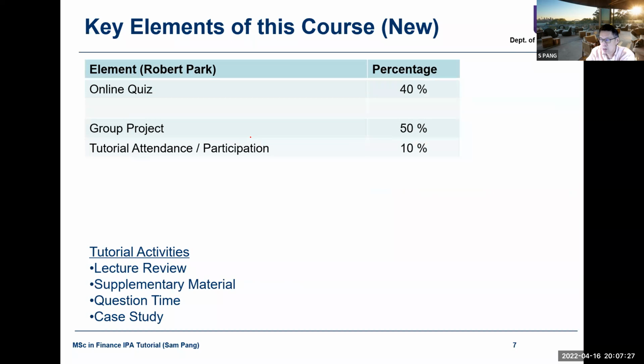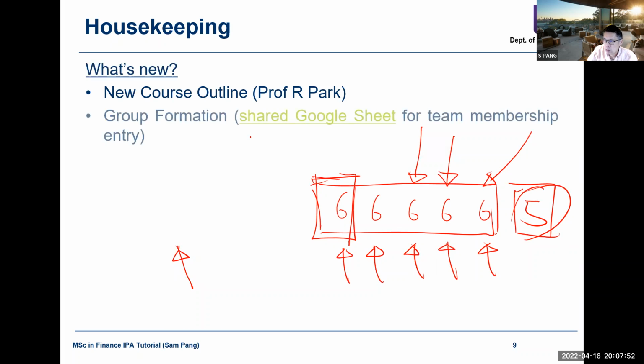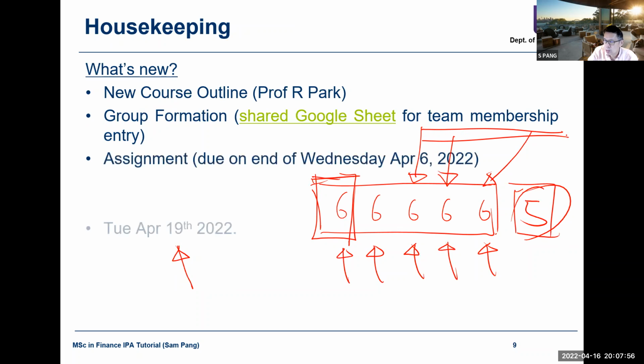For him, there are online quizzes every week, which will be done, I think, during the lecture, and then there's participation, and you can earn some good marks on that too. Just speak up, ask some questions, make some comments. So remember your team membership.